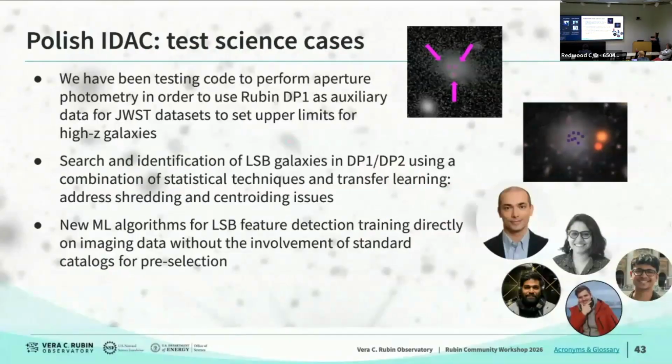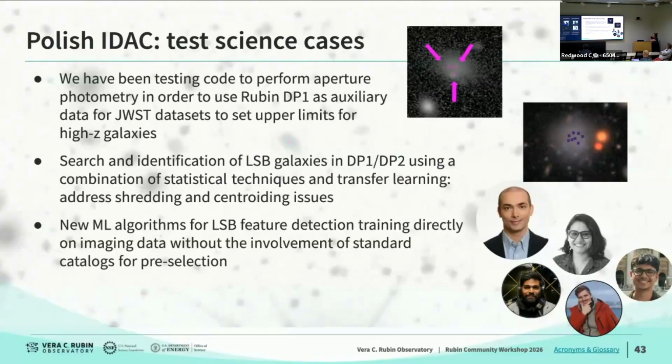So the concept of this slide was not necessarily to list all possible science cases for our IDAC, because we have many more of them. The idea was to say what we use now for science cases to test our IDAC, our RSP, and apparently we can do it.